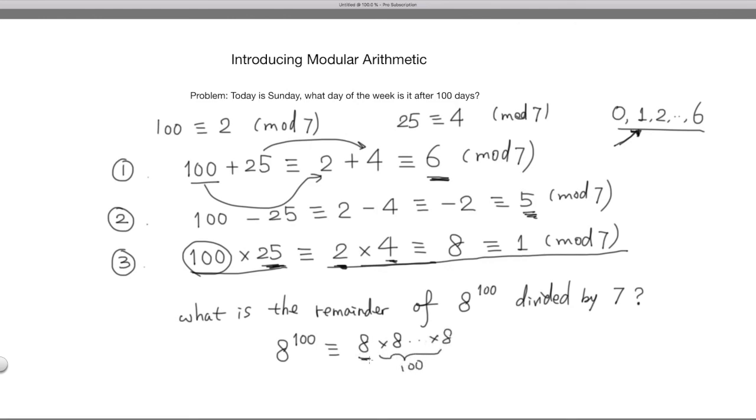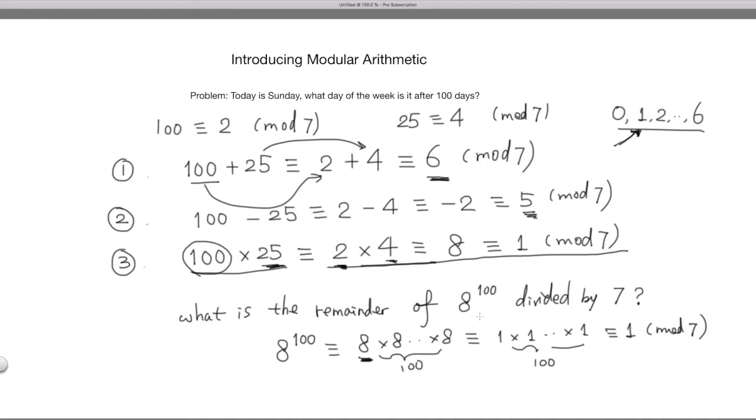But each 8 divided by 7 has remainder 1. So this is congruent to 1 times 1 times 1, 100 times. And this is congruent to 1 mod 7. So this problem can be handled very, very easily by using modular arithmetic.